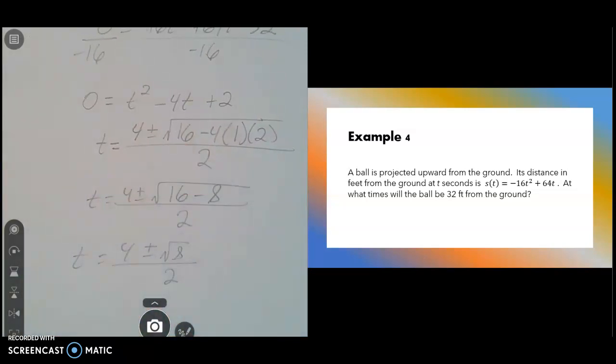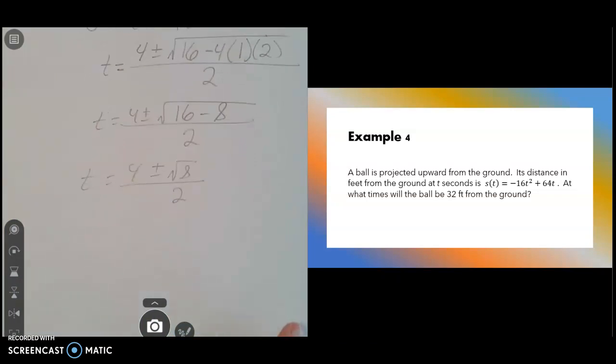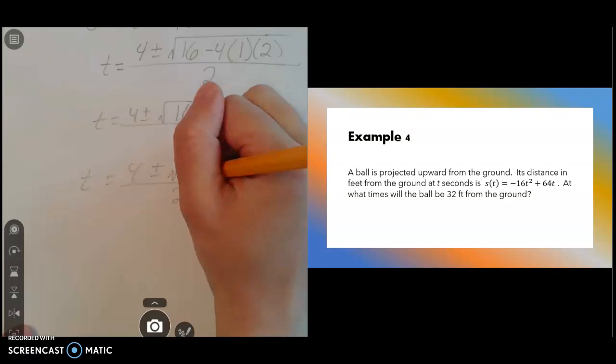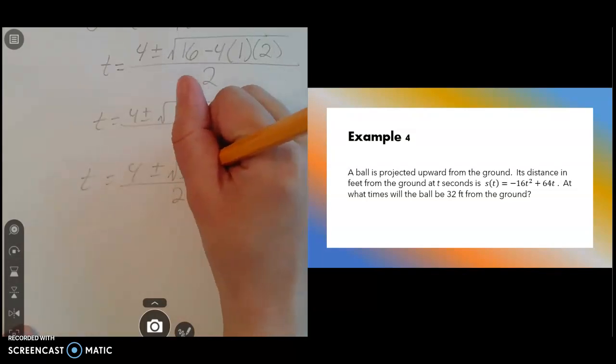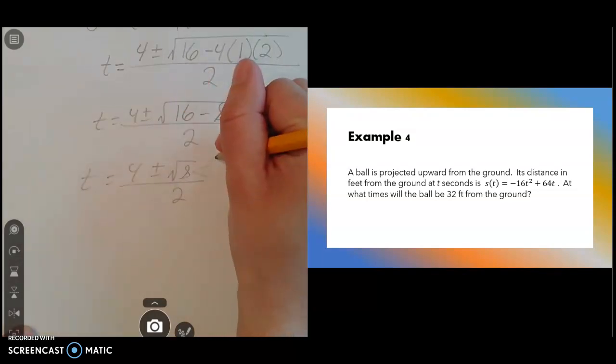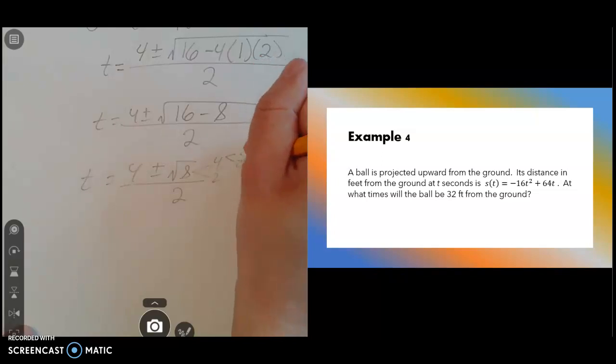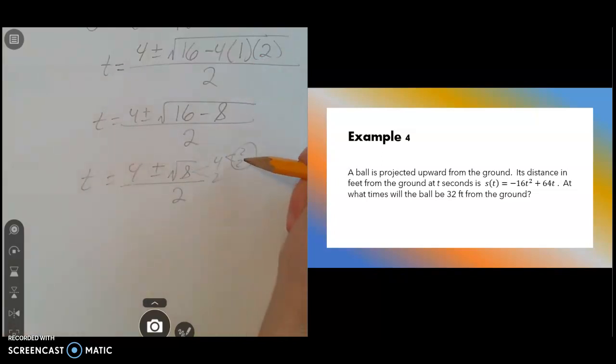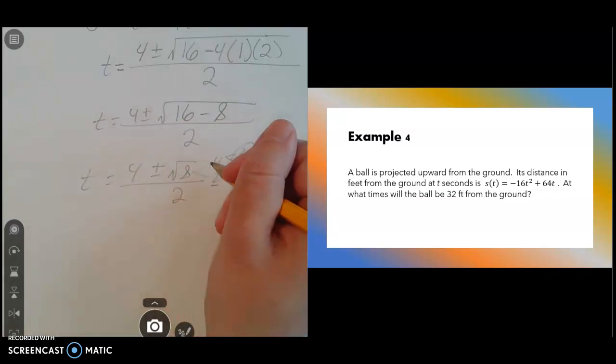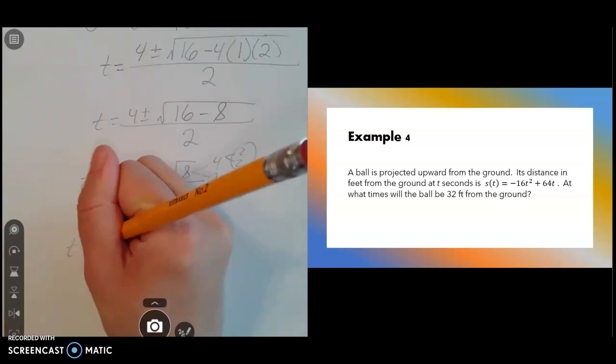And I did not tell you what kind of format to do, so I'll just show you both. So if you want it in the exact form, what you would do is you would simplify. So 8 is 4 times 2, 4 is 2 times 2. So we can simplify that radical, pull out a 2 because we have a pair of 2's, and then this 2 would be underneath. So that would be 2 square root of 2 in simplest form.